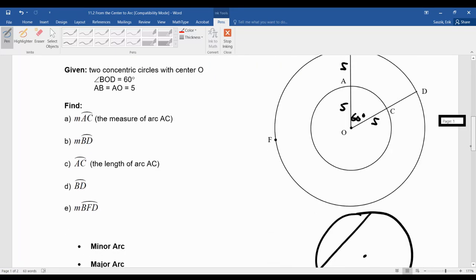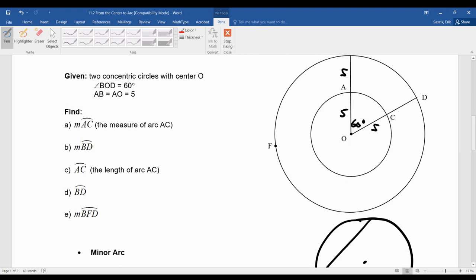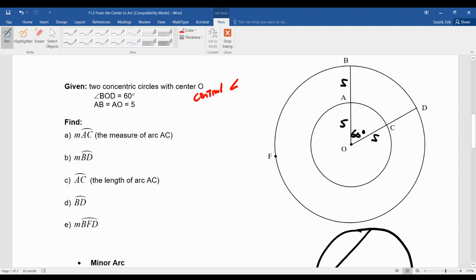All right. So moving down to this next one, I already put the given information on the diagram here in black. And we're going to be talking about a couple of different things. First, we'll talk about something called a central angle. A central angle is made up of two radii.